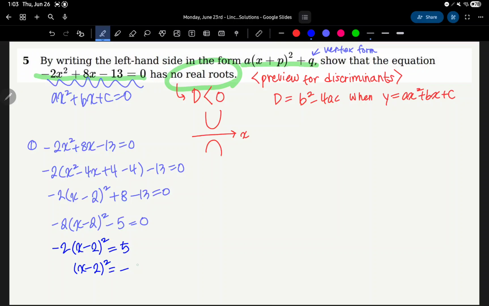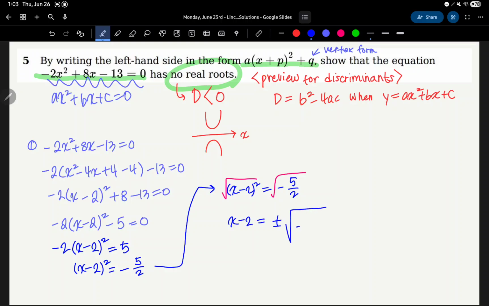So it's going to look like this. Okay, and let's move on to over here. If I apply the root to both sides, how does that look? That looks like x minus 2 is equal to plus minus root minus 5 over 2.